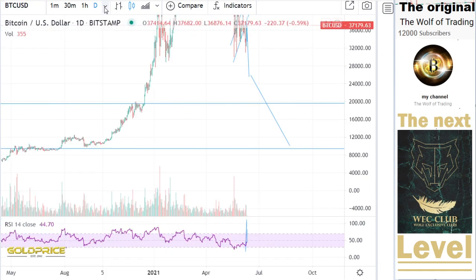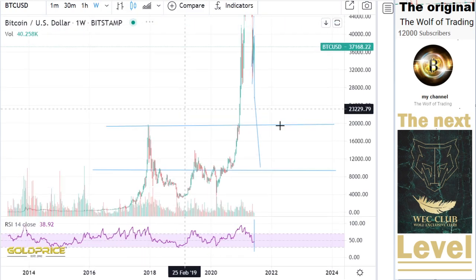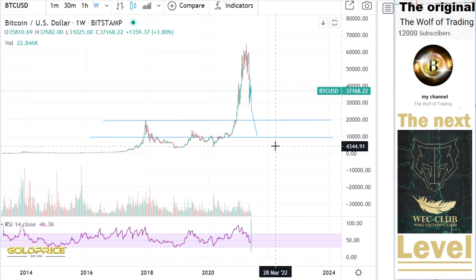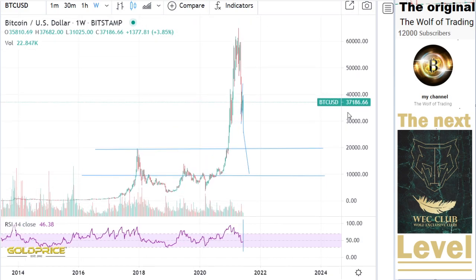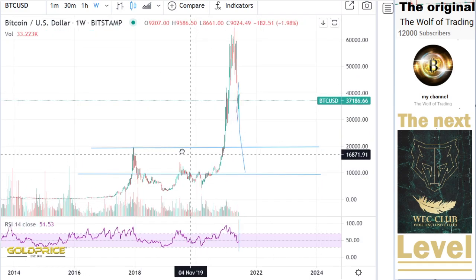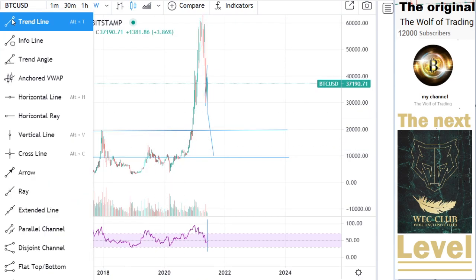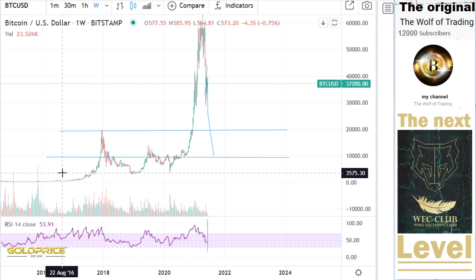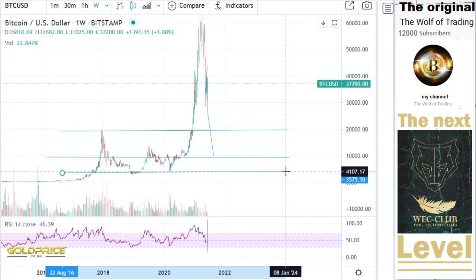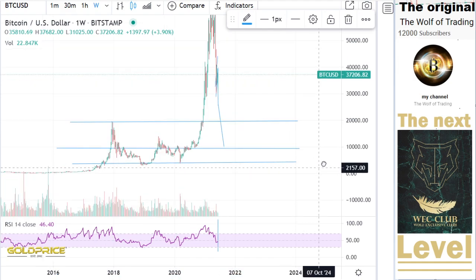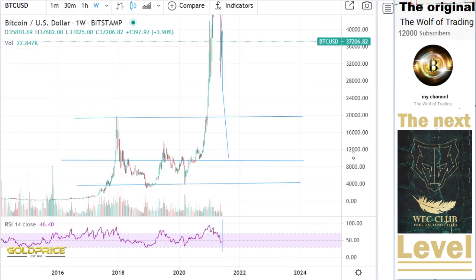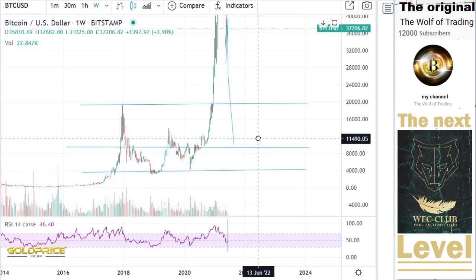If you look at the Bitcoin price, you can recognize that we have our base at these levels. At these levels we have a strong base, especially if you look at 3000 levels. We have a very good base, but I think this time we will not come back to these levels.